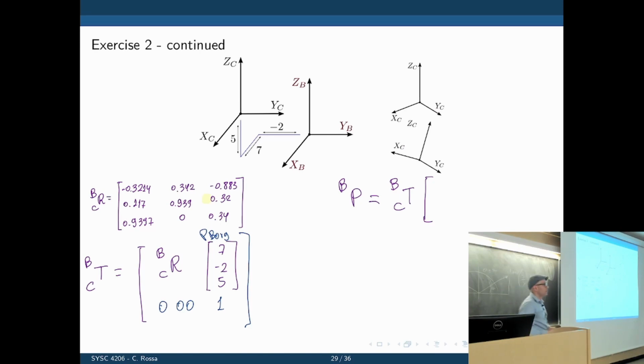Times the original point P in C. But you can't simply put point P in C because this is now 4 by 4 and point P in C is a 3 by 1. So we need to also add a number 1 under it. So when you have P in C, we complete that with 1. What is missing? We're missing 1 under here to balance out the equation.